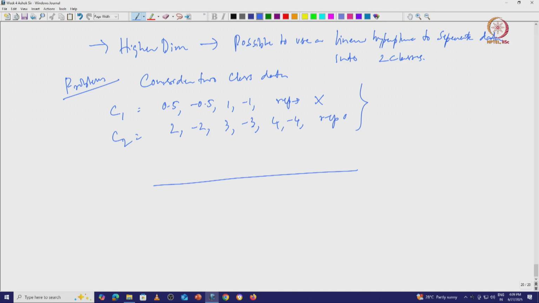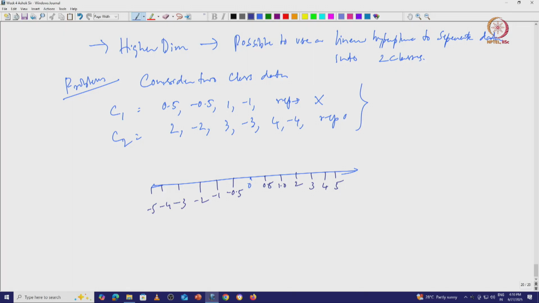So if I really look at this, this is one dimensional data. I have origin 0. C1 is X. So these are numbers 0, 0.5, 1.0, 2, 3, 4, 5, and minus 0.5, minus 1, minus 2, minus 3, minus 4, minus 5.